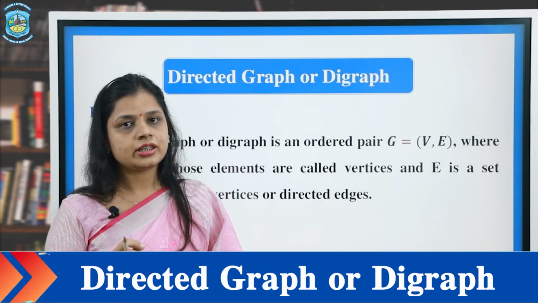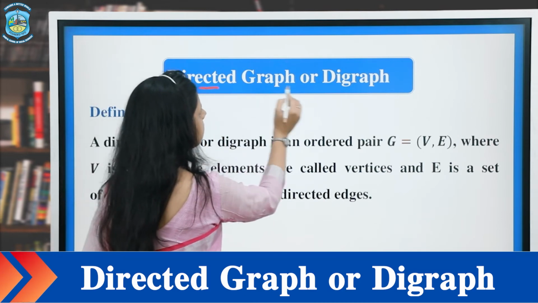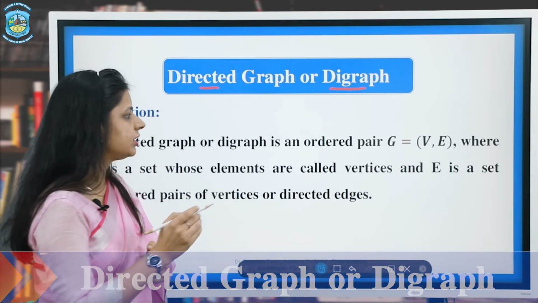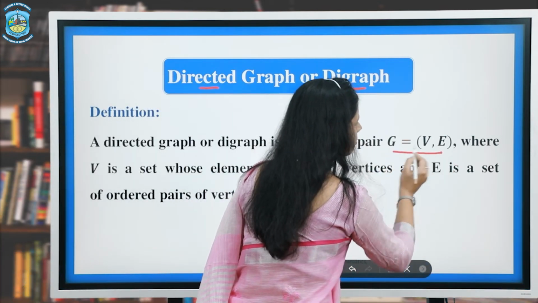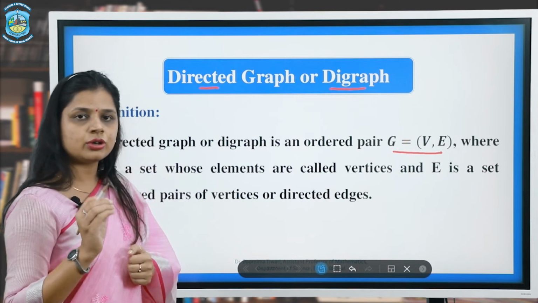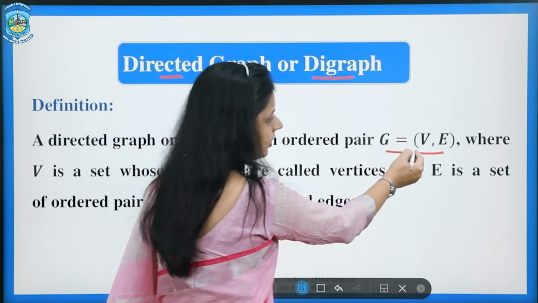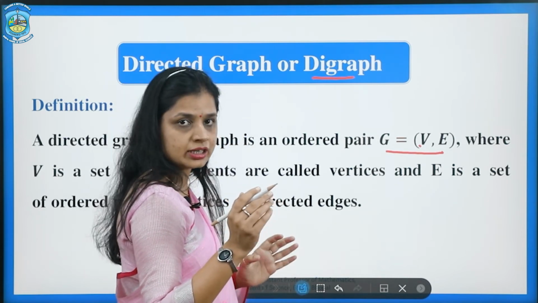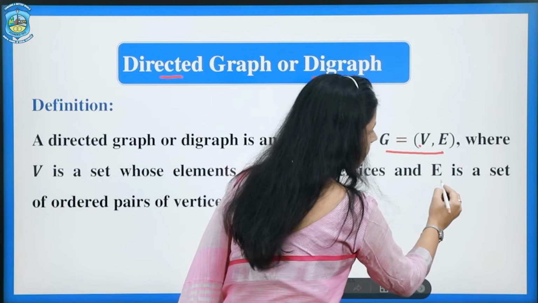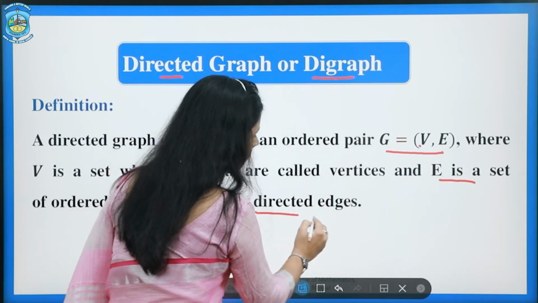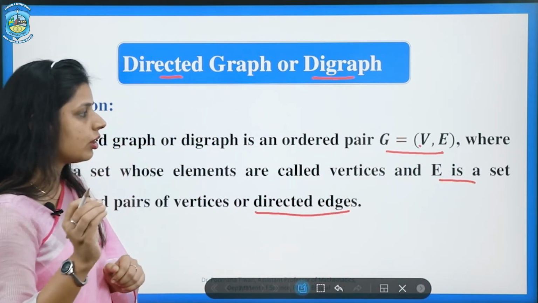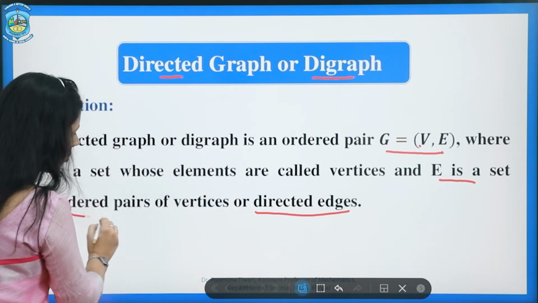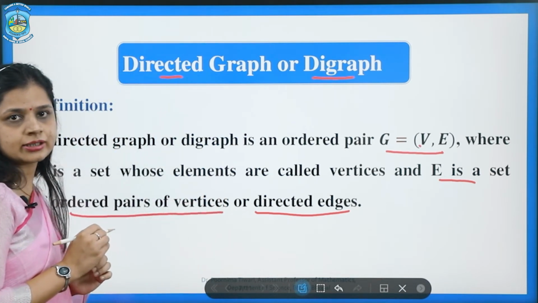Next definition is for directed graph, which is also known as digraph. A graph G equal to (V, E) is called a directed graph or digraph if this V is the same as in the case of an undirected graph, the set of vertices, but this set E is the set of directed edges, or we can say that this set E is the set of ordered pairs of vertices.